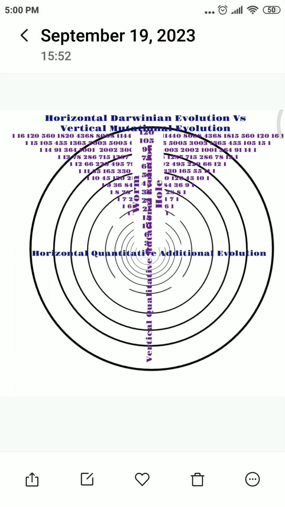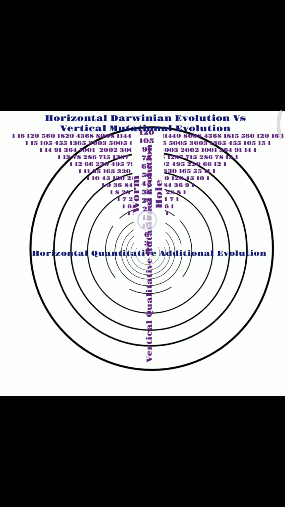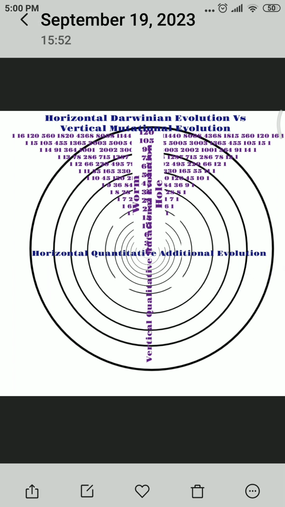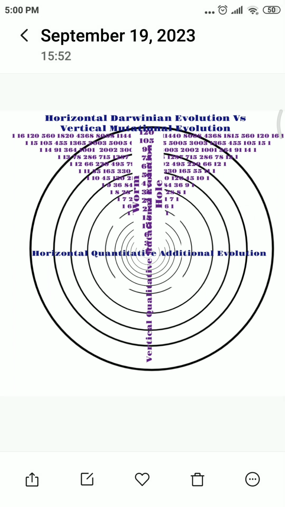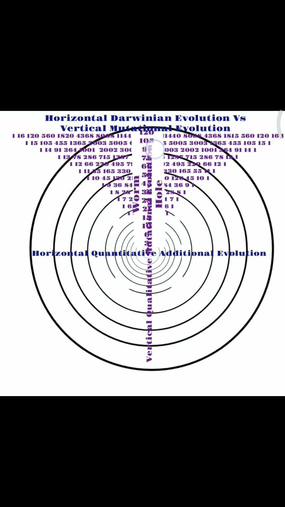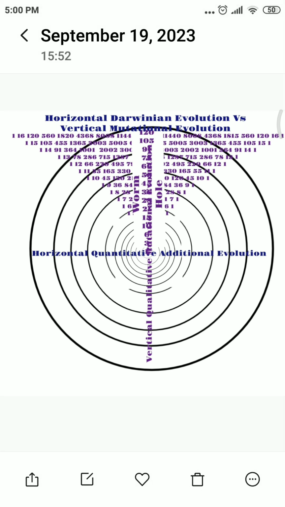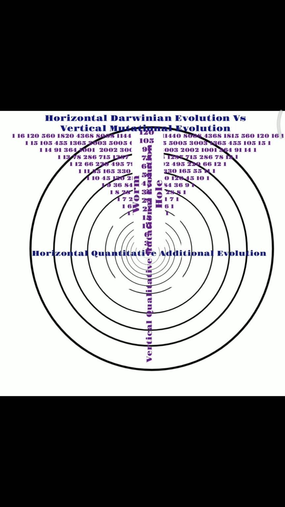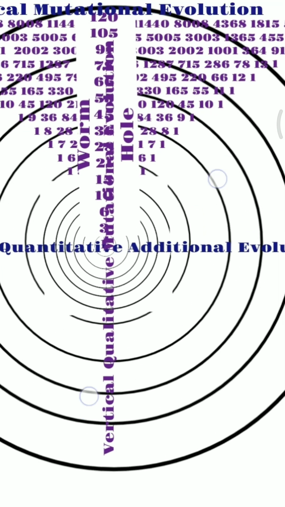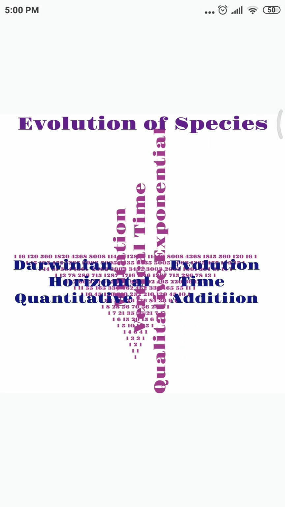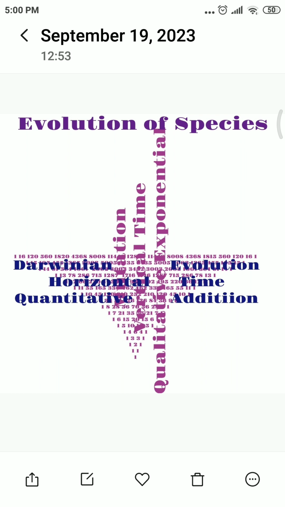If you somehow enter this wormhole and have enough energy, without bothering about these phases of evolution, you can end up here. This wormhole and this ascension is basically vertical evolution. This is vertical time also.